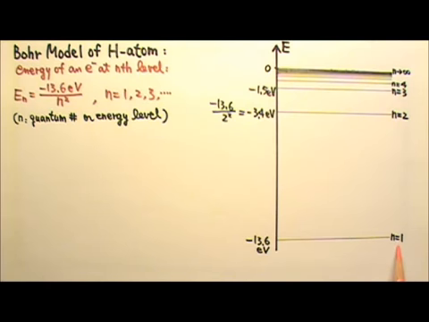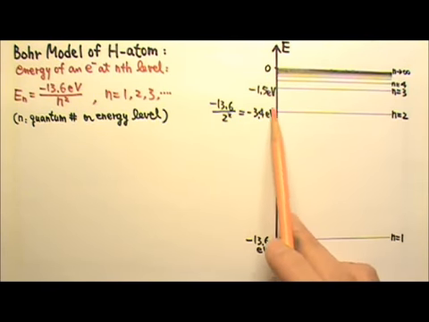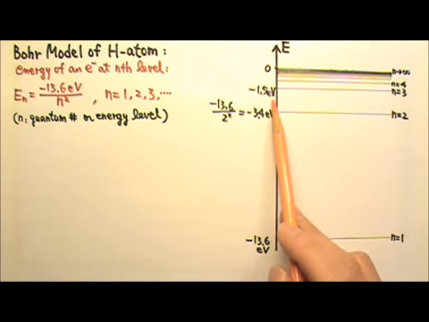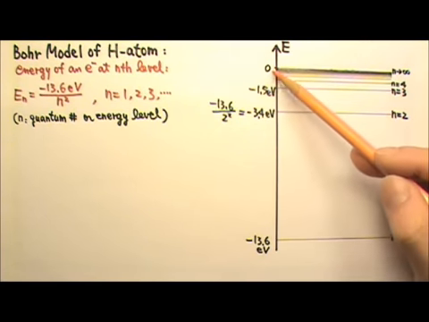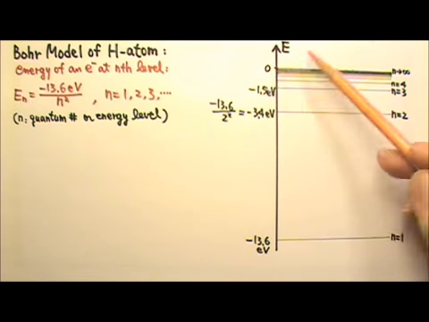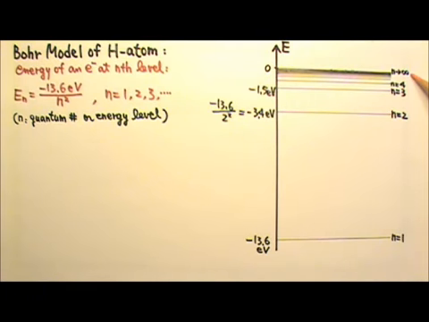If I plug in n equals 1, I get negative 13.6 eV. If I plug in n equals 2, I get negative 3.4 eV, n equals 3, negative 1.5 eV, and so on and so forth. When n approaches infinity, I get E equals 0. That means the electron is no longer bound by the atom.